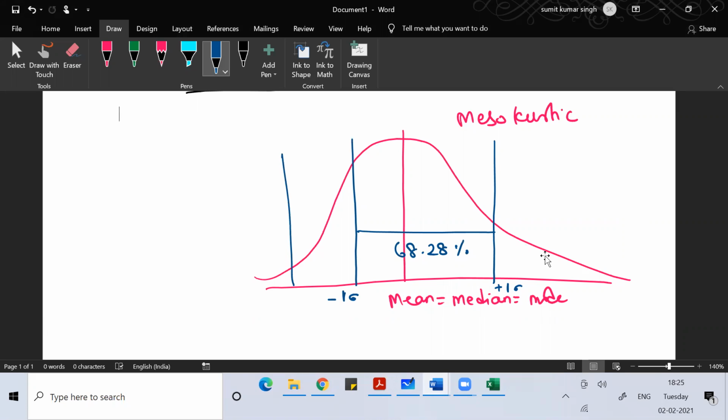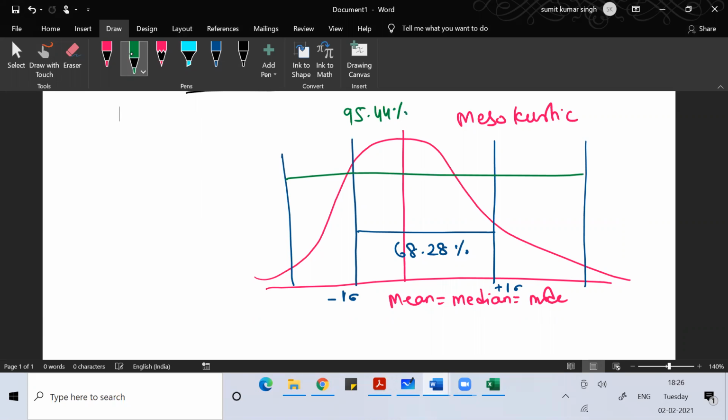Going further, around 95.44% of data will lie within plus minus two standard deviations.